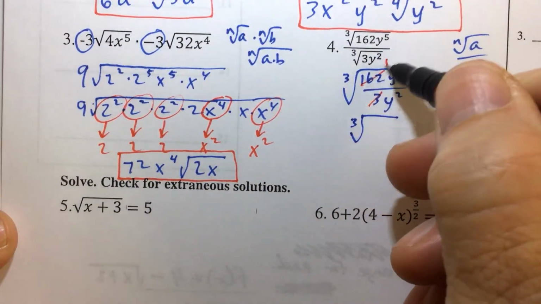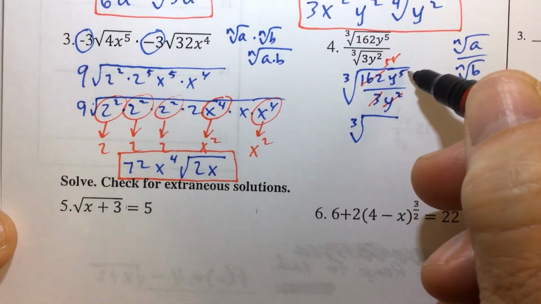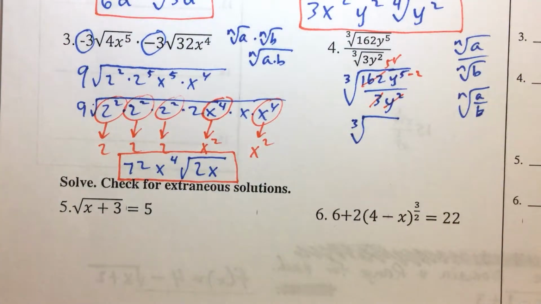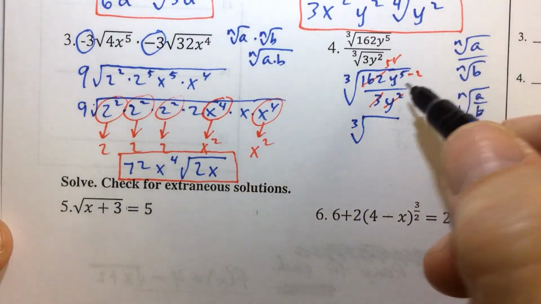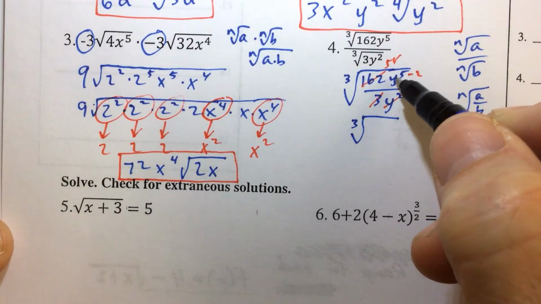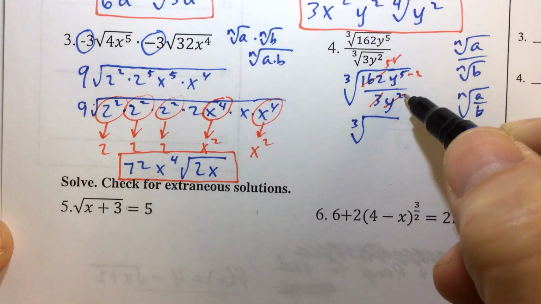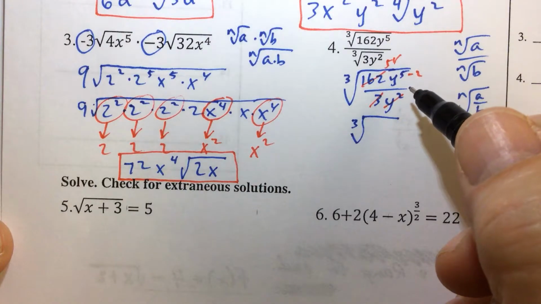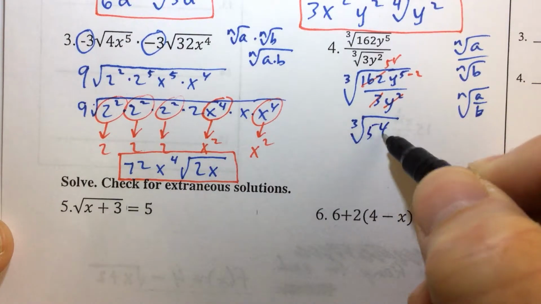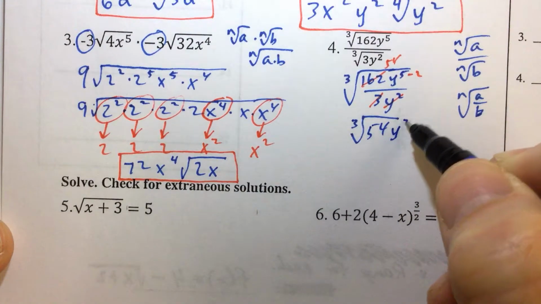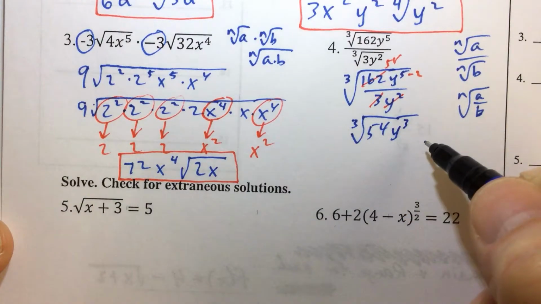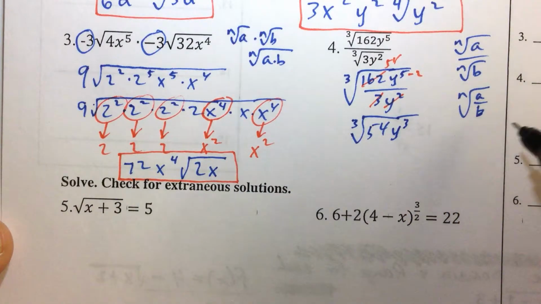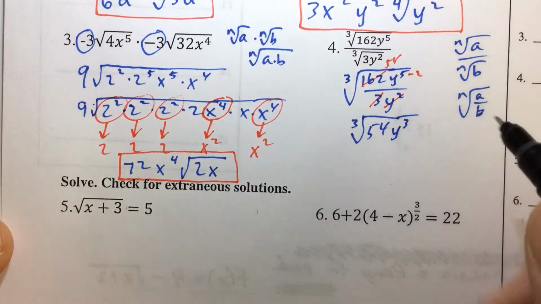And then y to the 5th divided by y squared, when we divide exponents, we subtract the exponents. And so then we get 54 upstairs, and also y to the 3rd, and that's all over 1, so we don't need to worry about the fraction anymore.